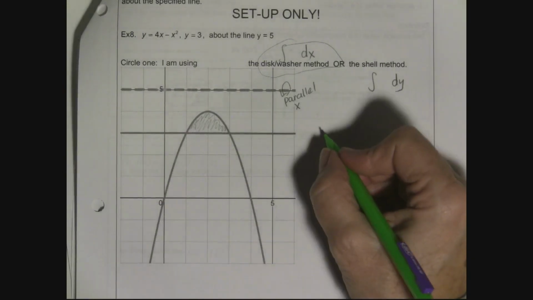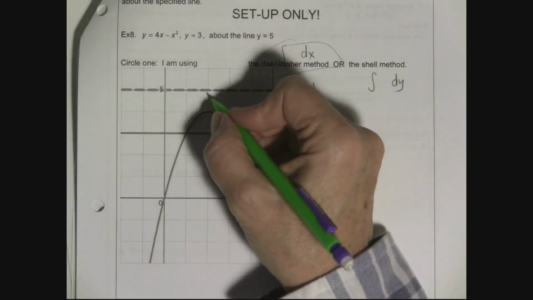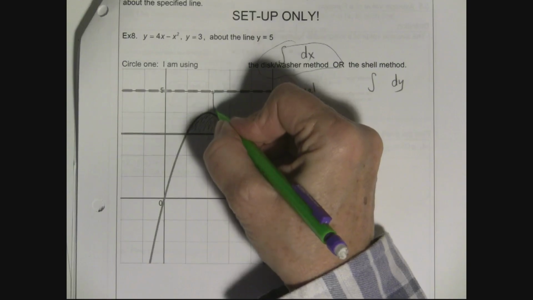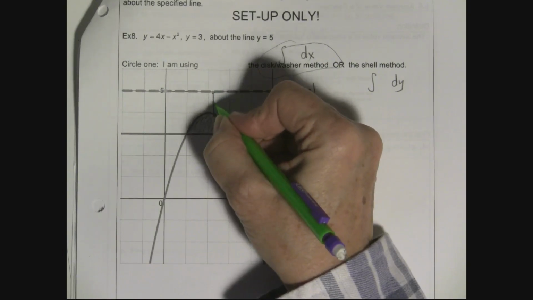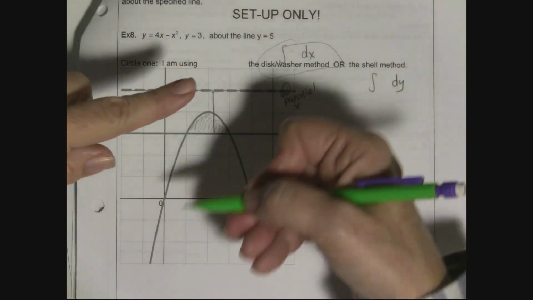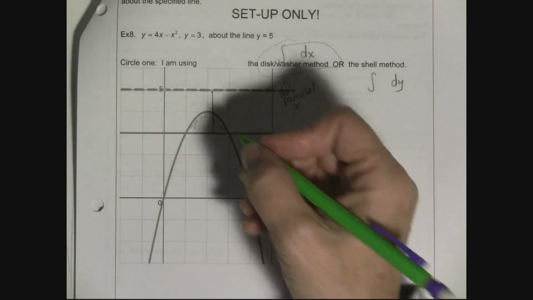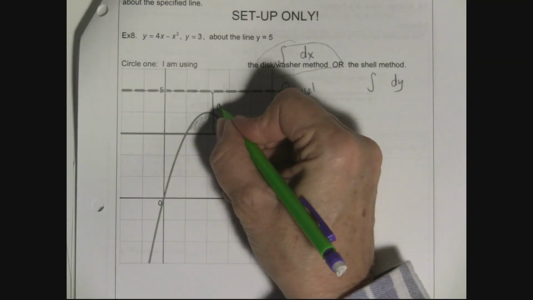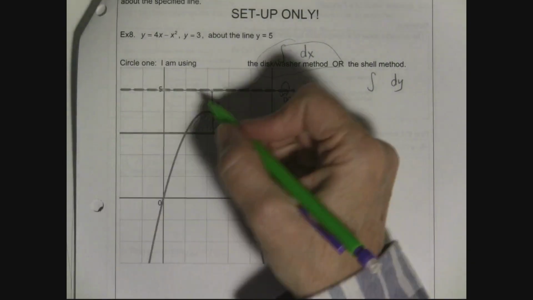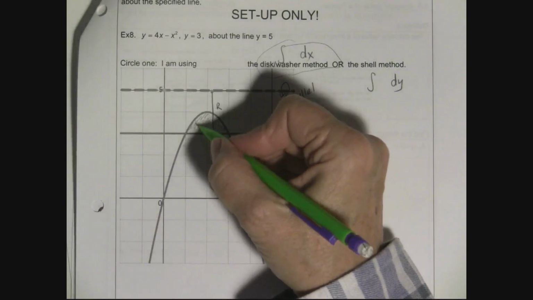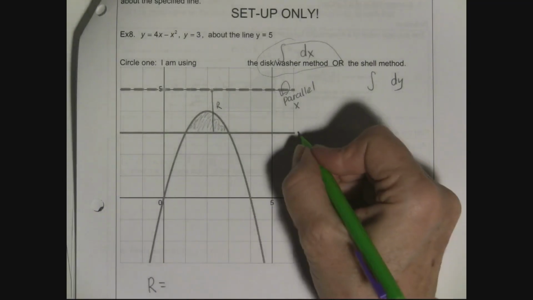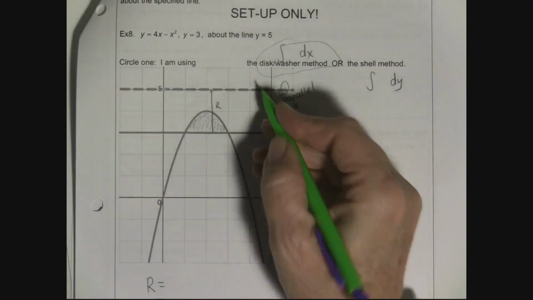Okay, so we know that you start on your axis of rotation, and when I go to the axis of rotation, I notice I'm in the air because this is going to be rotating around, right? And so that distance right there is my big R. And that's a constant for every one that I would draw because it's a horizontal line going from y equals 3 to y equals 5.